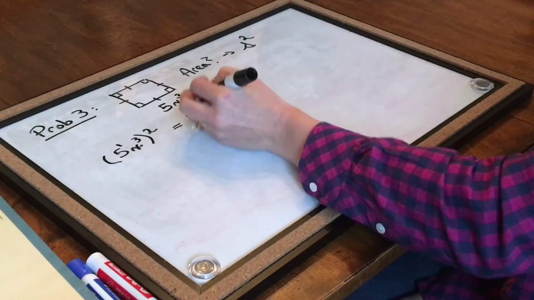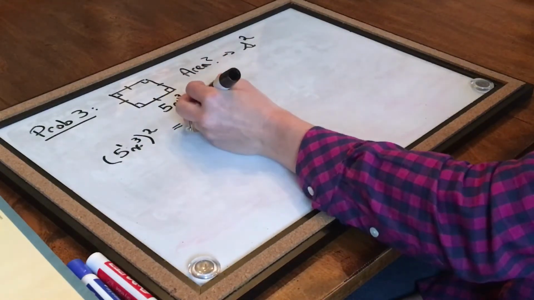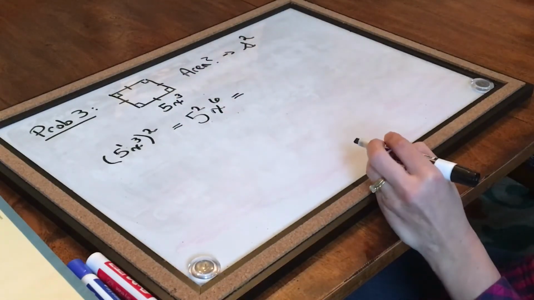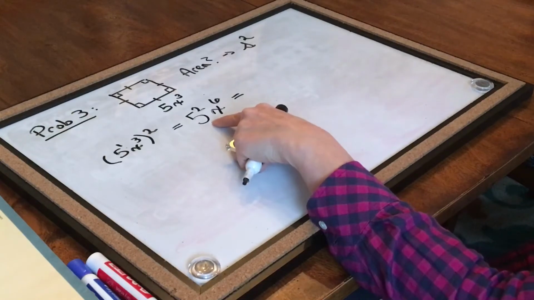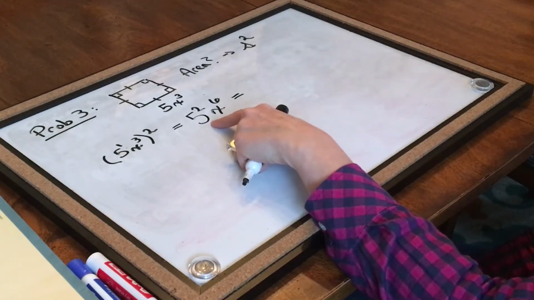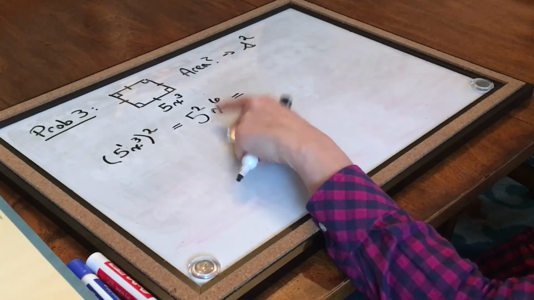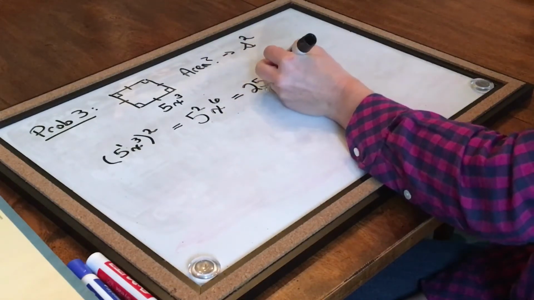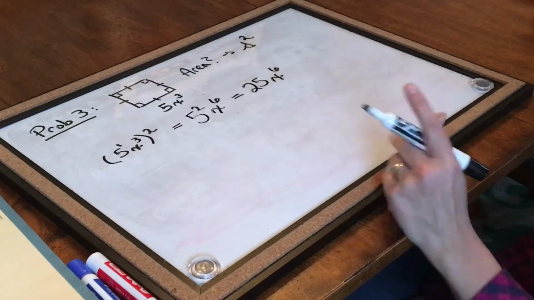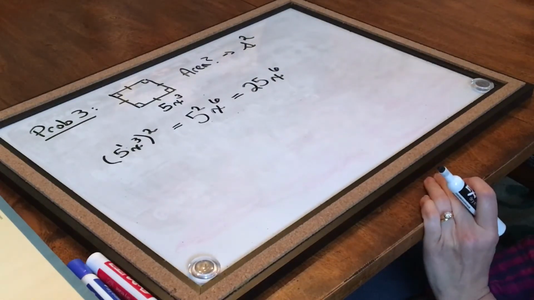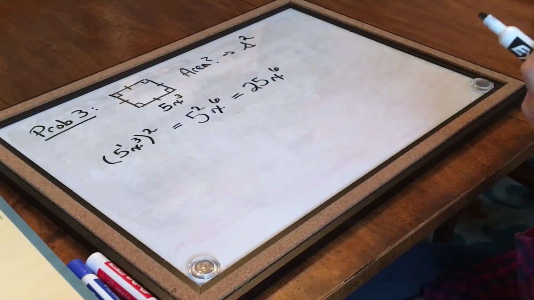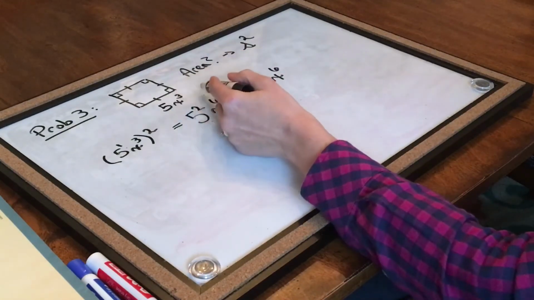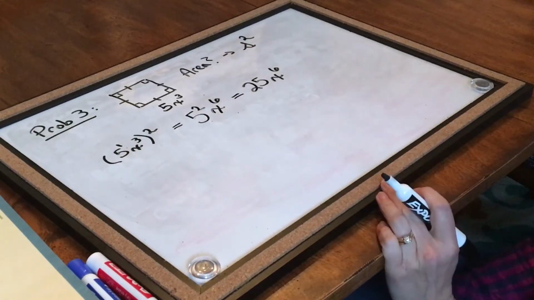So this would be 5 squared. Okay, now to a mathematician, this looks awful because 5 squared, well, I can do 5 squared. 5 squared is 5 times 5, and that is 25. So I would simplify this to be 25x to the sixth power. Okay, it's just a little bit easier way of doing this without having to write out 5x to the third times 5x to the third twice.